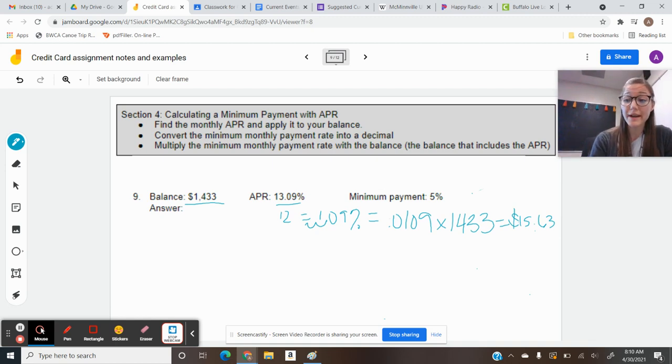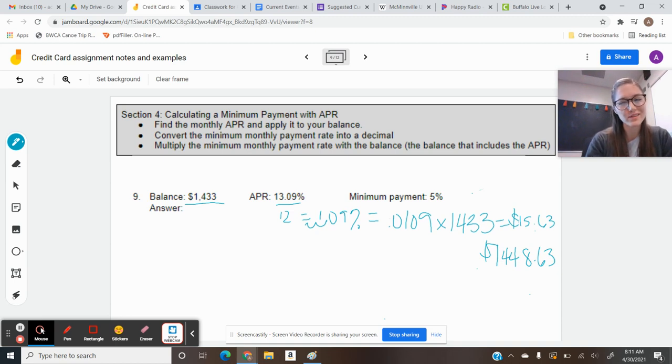All right, so that's how much extra we're being charged. We need to add that to our original balance, and when we do that, we get $1,448.63.